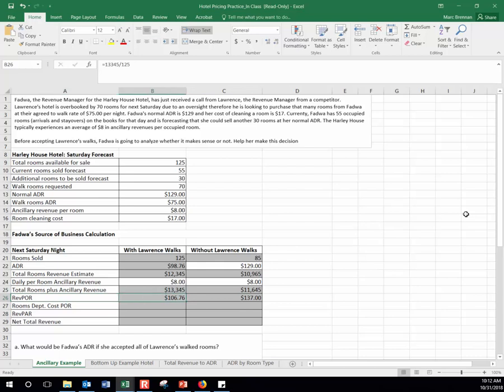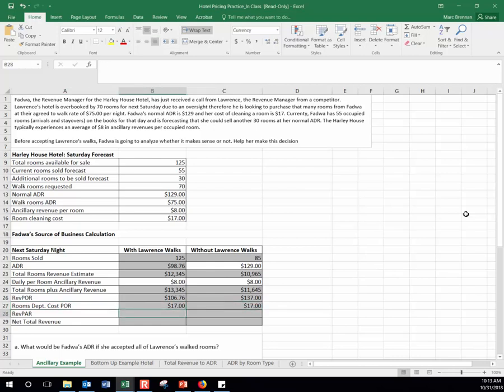Okay? So again, some of these numbers are starting to point to the fact that I have a higher average daily rate here. I have a higher revenue per occupied room, but total revenues, I'm still higher by using my 125 rooms. My rooms department cost is still going to be $17 per occupied room.